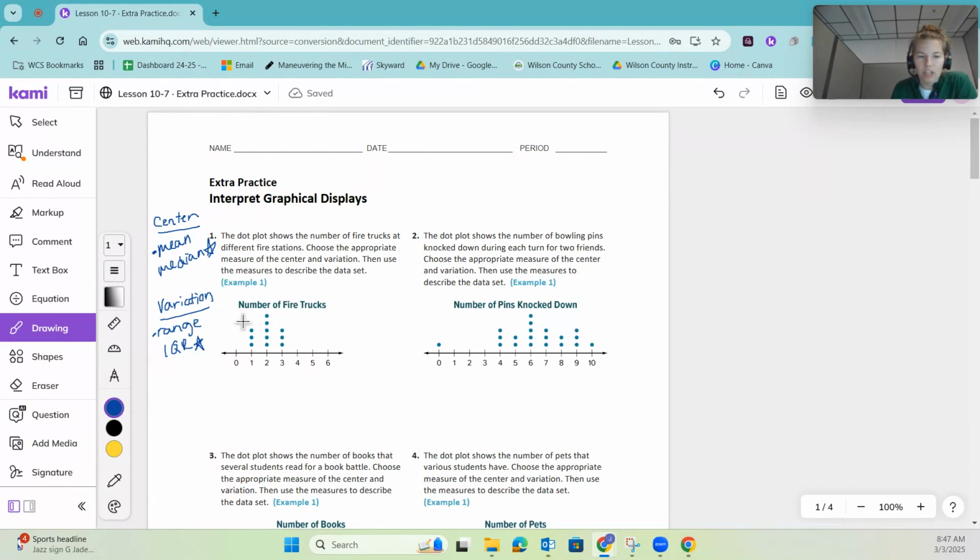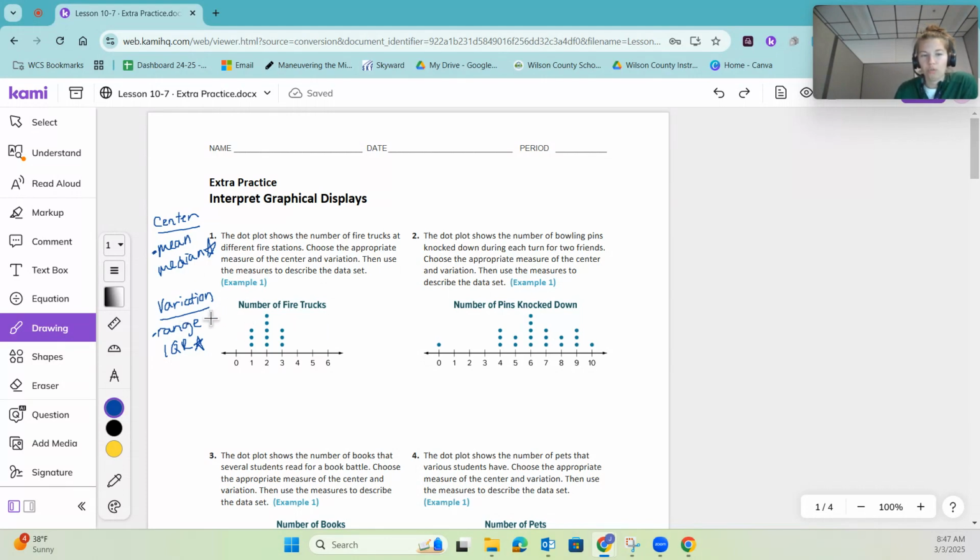When we look at this data, it all falls between 1 and 3, and there is no data point that's anywhere far beyond that. So there is no outlier in this data, which means we are going to use the mean and the range.